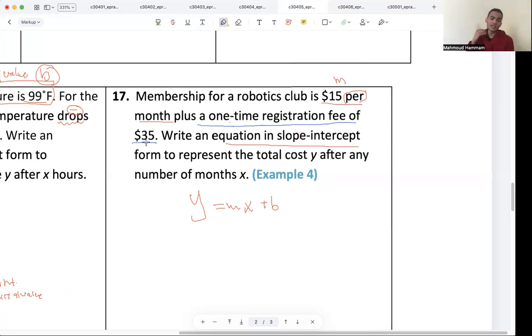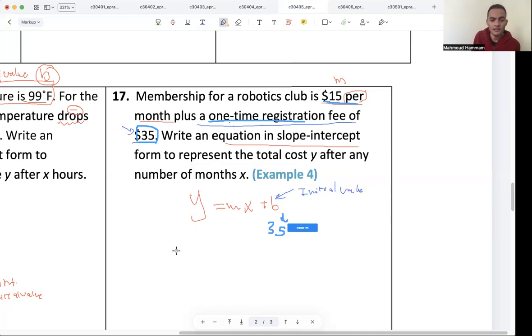This $35 happens when? Whenever he starts joining the robotics club, correct? There is a one-time registration fee of $35. Very good. So this is called the initial value.